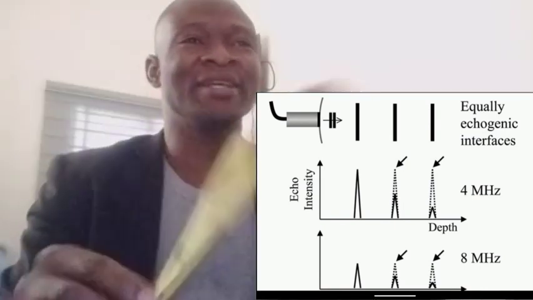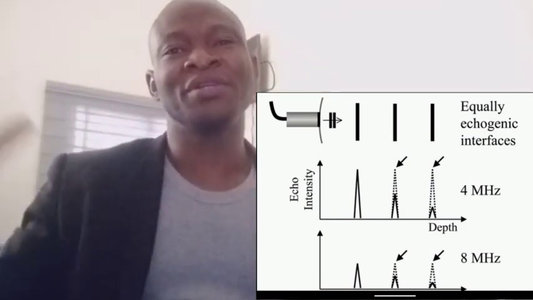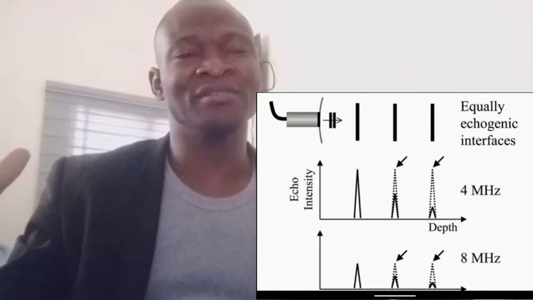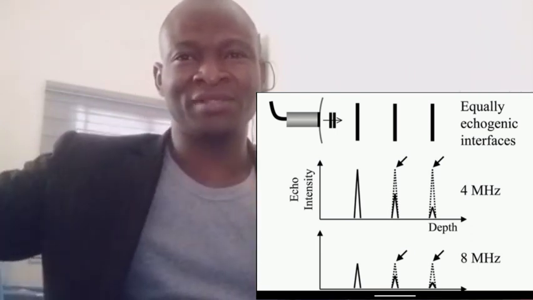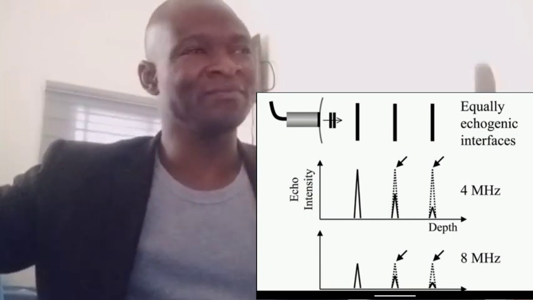So if we plot that against the A mode screen or the graph, we have echo intensity on the side, depth with respect to time on this side.